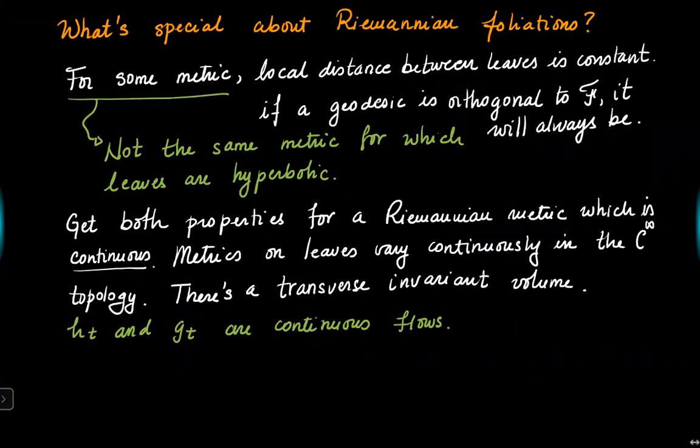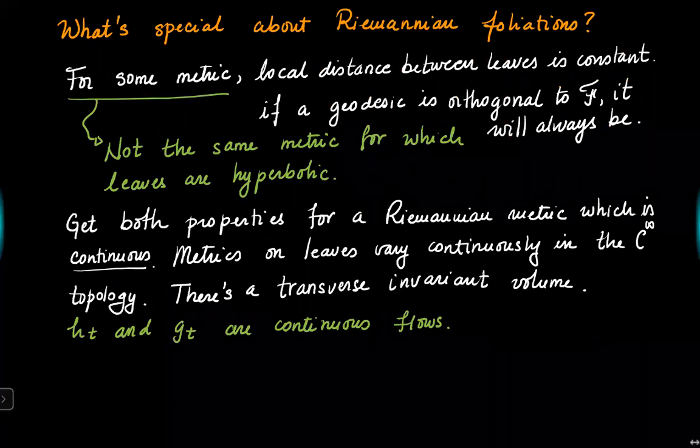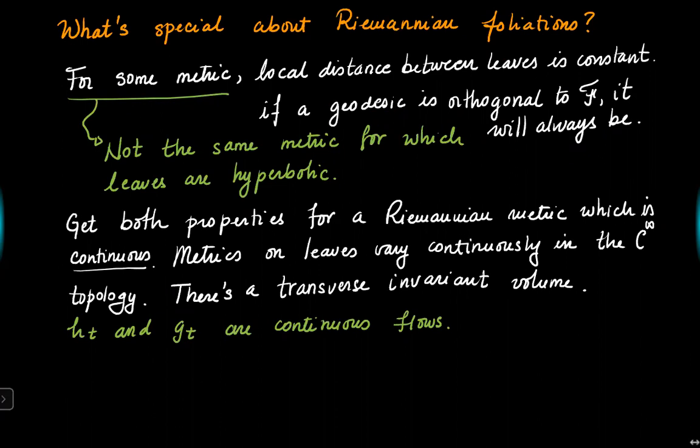So what's special about Riemannian foliations? Well, as I said, one way to define them is saying that there's some metric for which local distance between leaves is constant. Another way to say this is that for some metric, if a geodesic is orthogonal to F at one point, it will remain orthogonal to F. And this is not the same metric for which the leaves are hyperbolic.